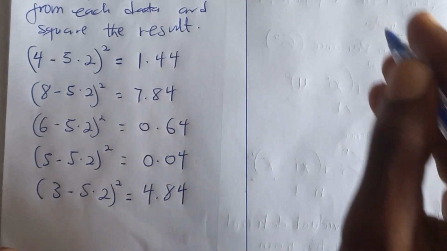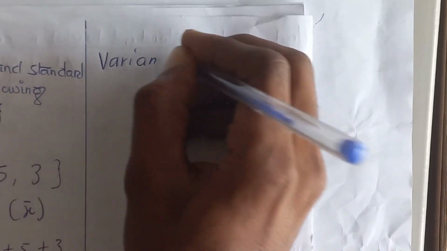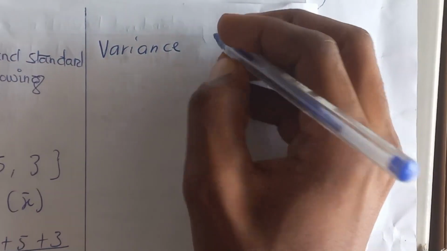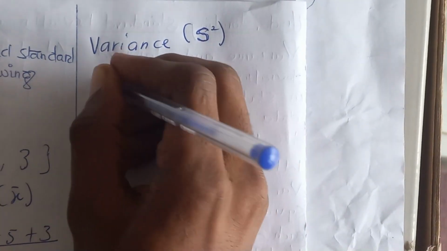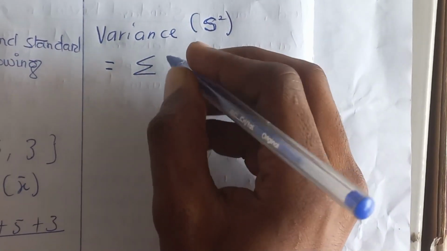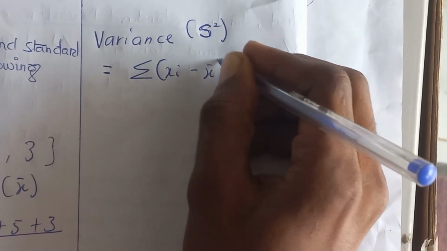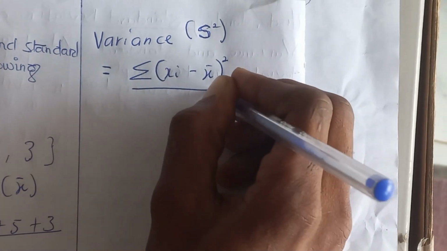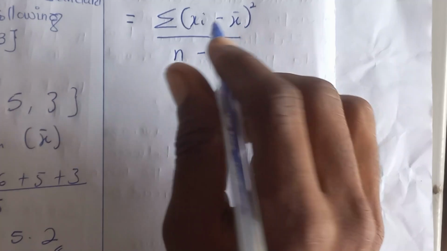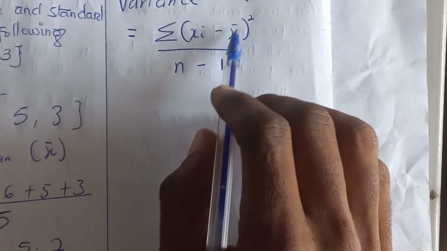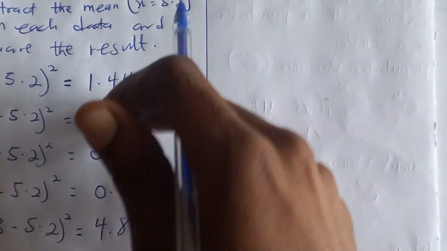So let's calculate the variance first. Since it's a sample, the variance s squared is equal to the sum of the individual data minus the mean x bar, squared, all over n minus 1. We've already done the individual data minus the mean, so we need to replace those here.